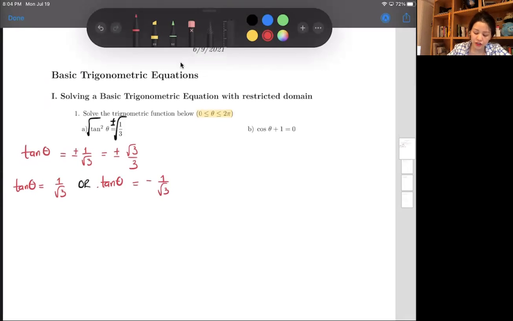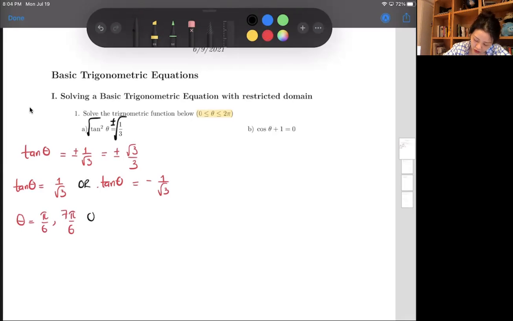If you look at a unit circle, tangent theta equals 1 over square root of 3 because tangent theta is positive, so we're going to look at quadrant 1 and quadrant 3. When you look it up, you see that theta is equal to pi over 6 and 7 pi over 6. These two angles give you tangent of 1 over square root of 3.